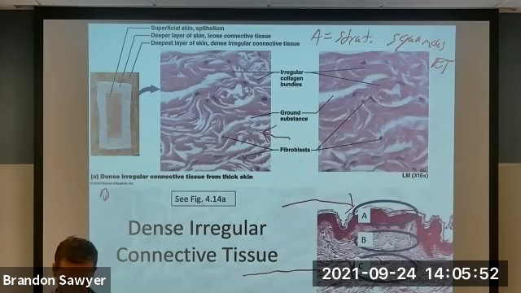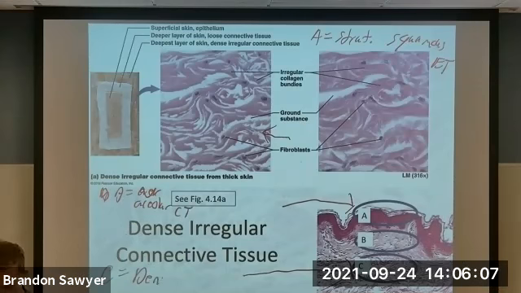B is areolar connective tissue. And then C is that dense irregular connective tissue. So in that one slide, we've got three different tissue types. If I'm asking you to identify one of those, I'll point out which one we're talking about. Any questions on that?